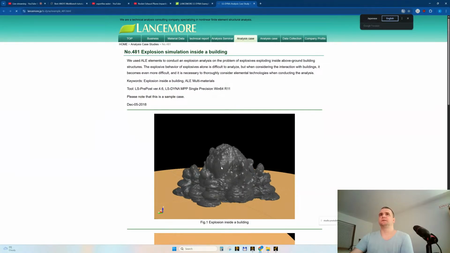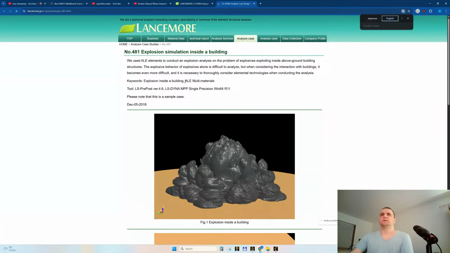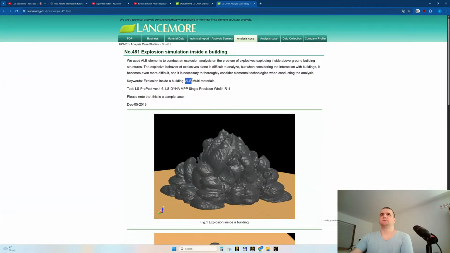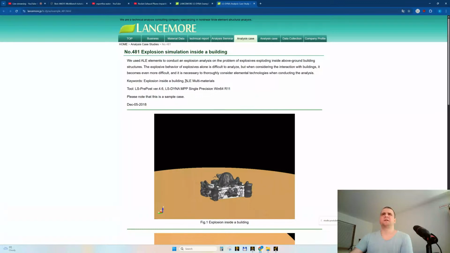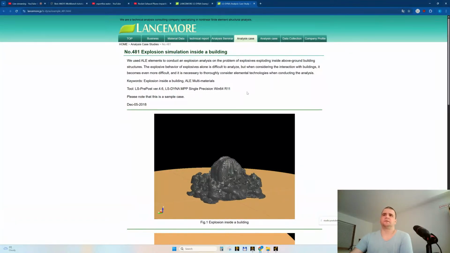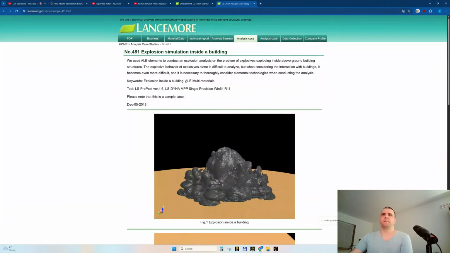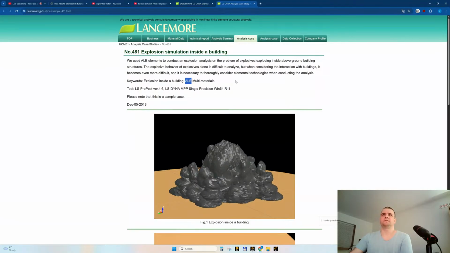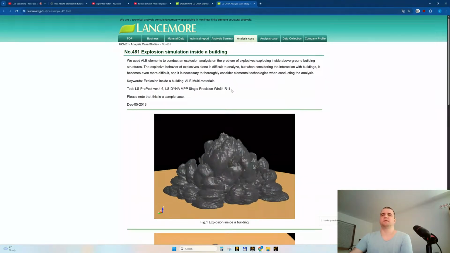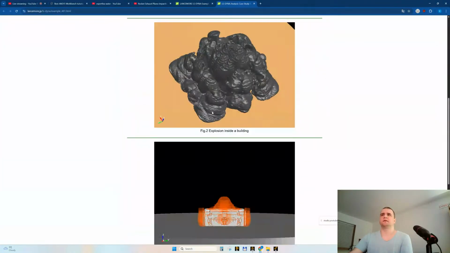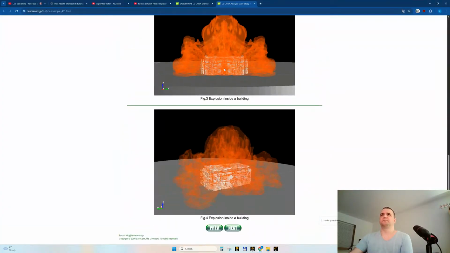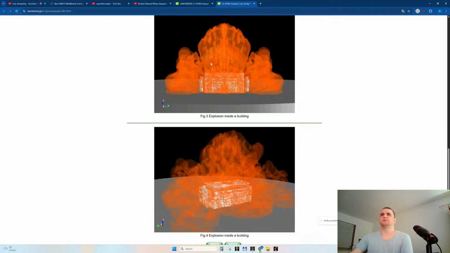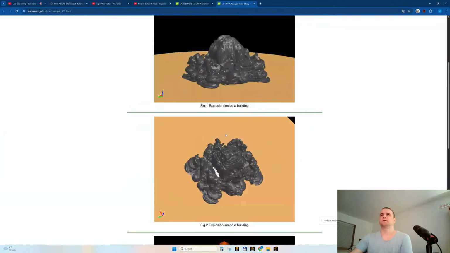And yes, this is arbitrary Lagrangian Eulerian. It's exactly what we're doing. Only they call it not CEL, but ALE in LS-DYNA. Arbitrary Lagrangian Eulerian. Here there is an explosive part, that is a detonation, and the surrounding air.